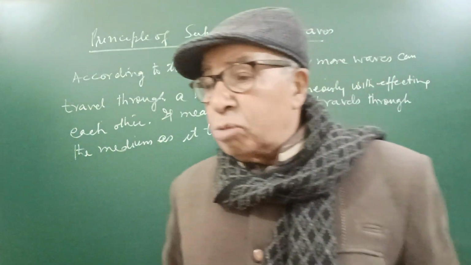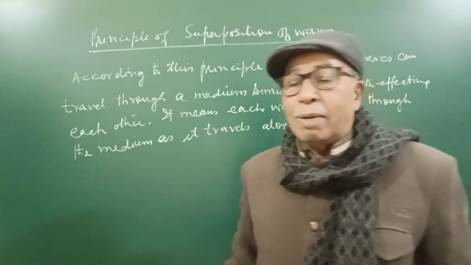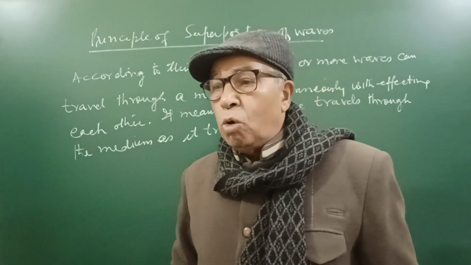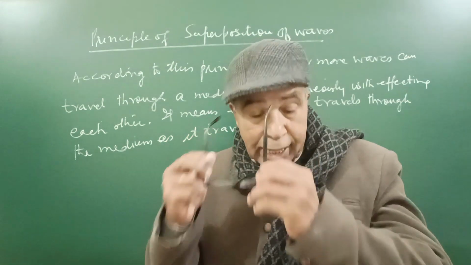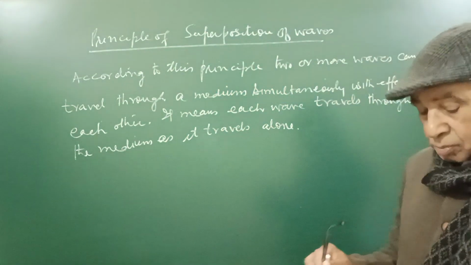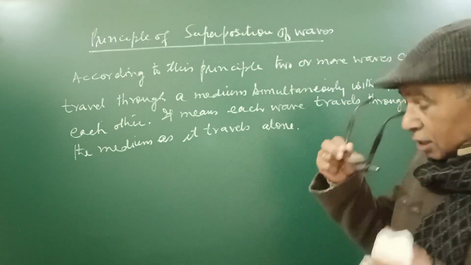The frequency of sound of singer is not affected by frequency of violin or harmonium or dholak, etc. So they all travel as they travel alone. But what happens? Then why we are learning this seriously?